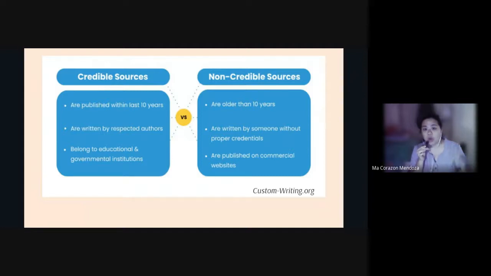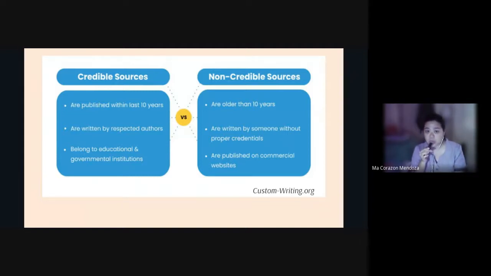So, although it would seem that texts or books that are published more than 10 years ago are still truthful, some of them are not relevant anymore or not accurate anymore. That's why it would be better if we consult sources which are published within the last 10 years.